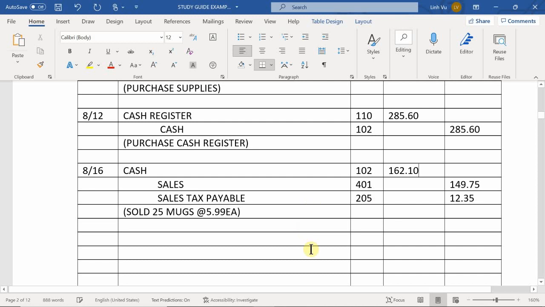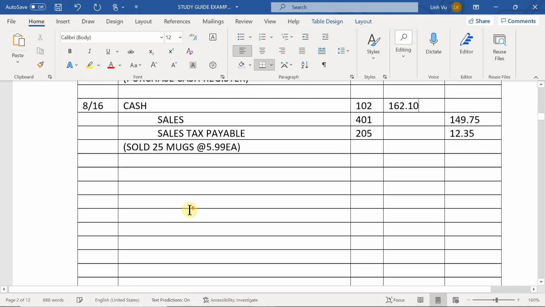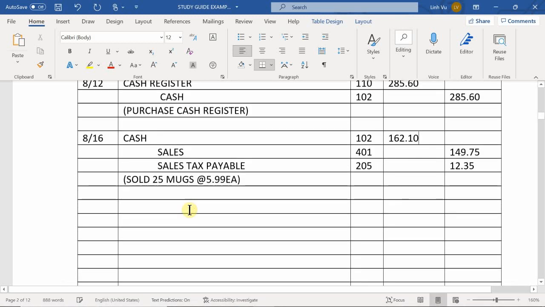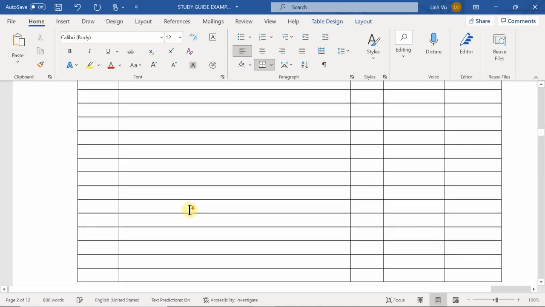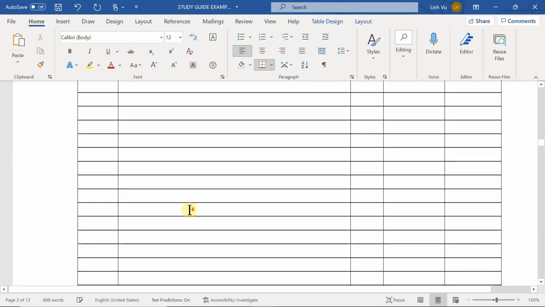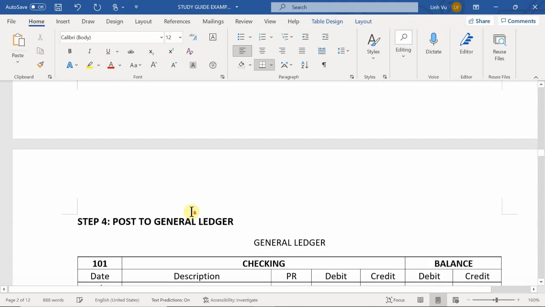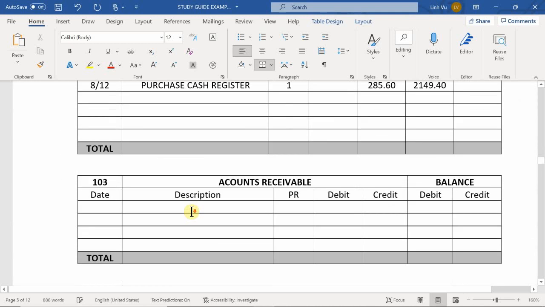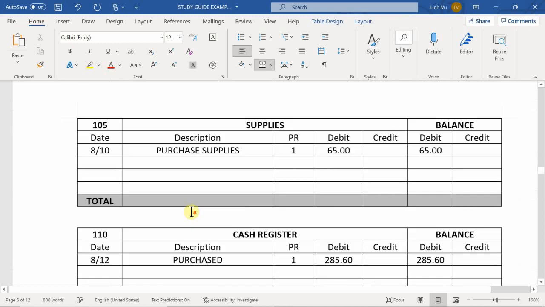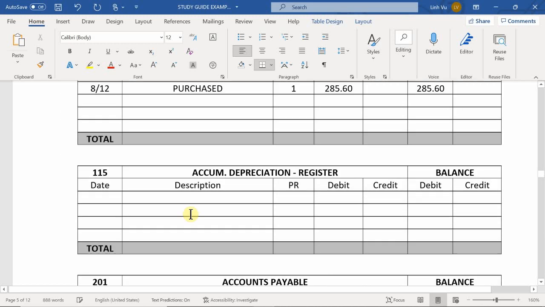I don't know why I'm jumping around. No worries. So we're going to sales. It is the ledger. Did we write the description? Yes. So we have the sales tax, and cash. For the sales, we have August 12th.